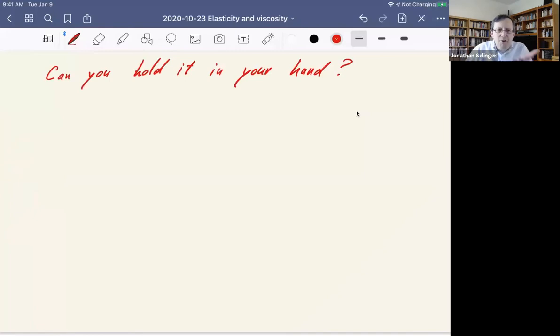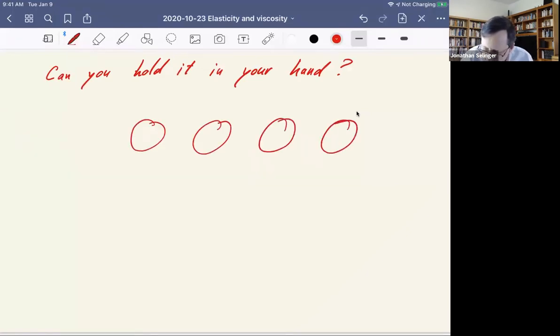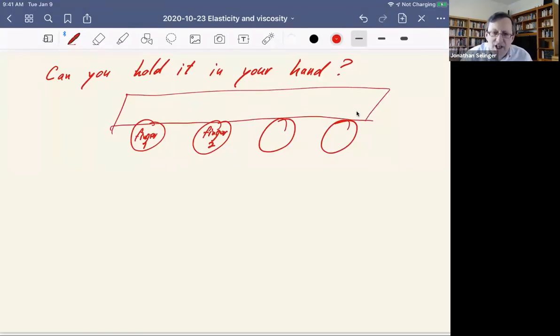Okay, so suppose I want to see whether I can put something on my hand, or will it fall between my fingers? Here, if I draw my fingers, this is like a cross-sectional view of fingers. Finger 1, finger 2, etc. I'm going to put something on top of my fingers like that, and then gravity is pulling down.